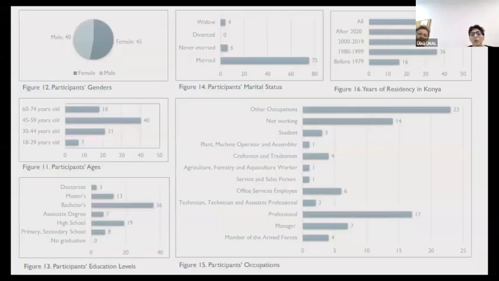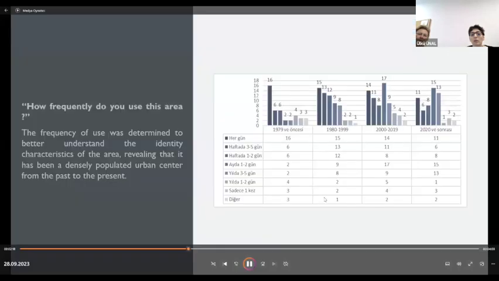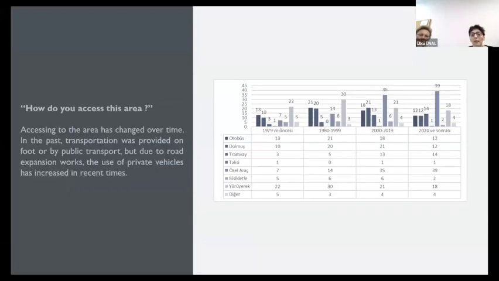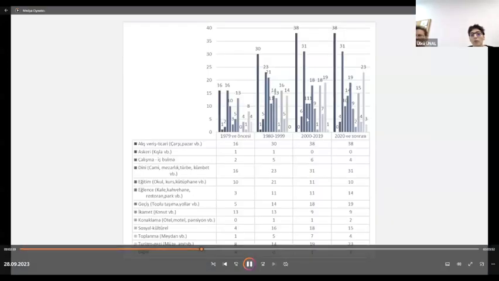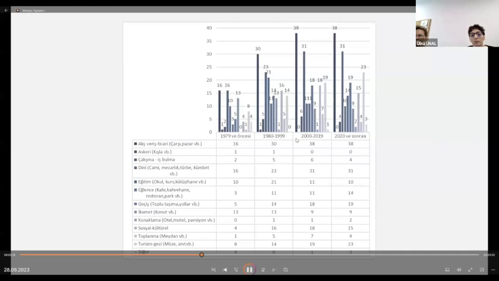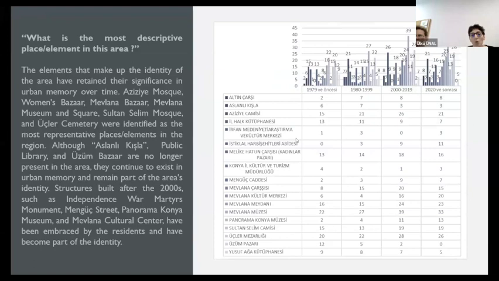Features of participants. The frequency of use, accessing the area, using purposes of the area. Most descriptive place or elements in this area.